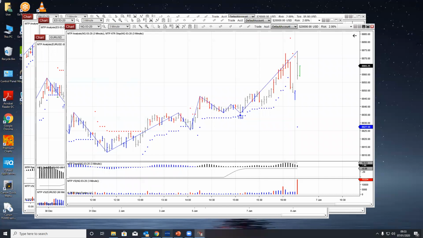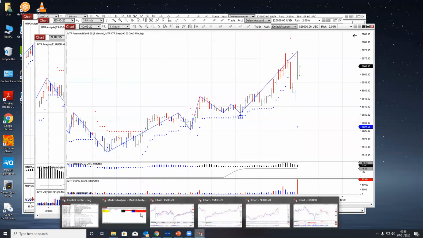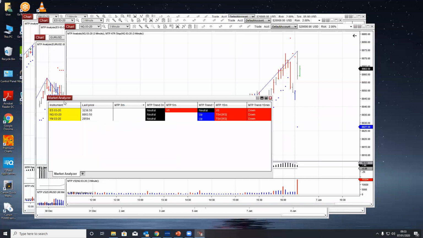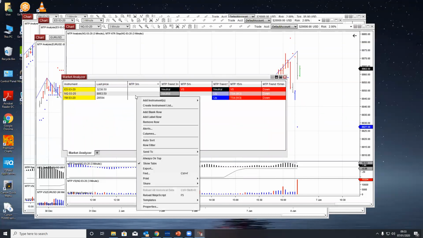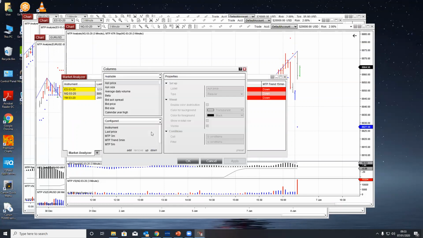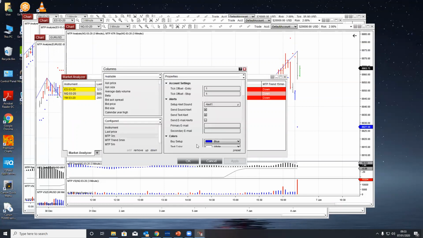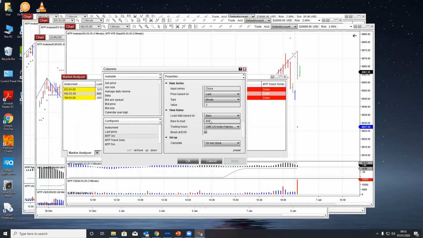So as you can see here, it's just opened up. There's the market analyzer come in there, very nice as well. Again, if we go to the columns, on the columns, you can see if I come down, it has bars, in this case 800. So do not have any more than that.